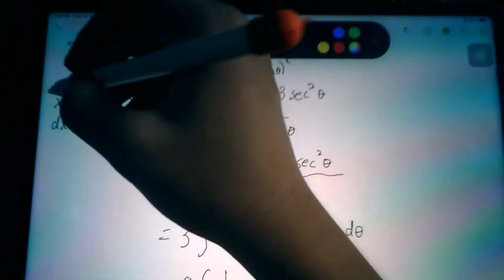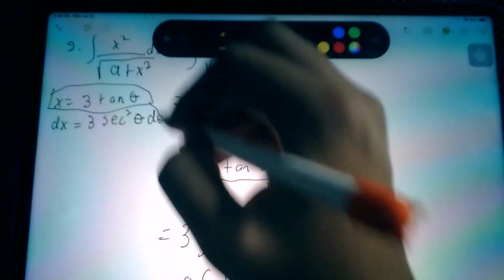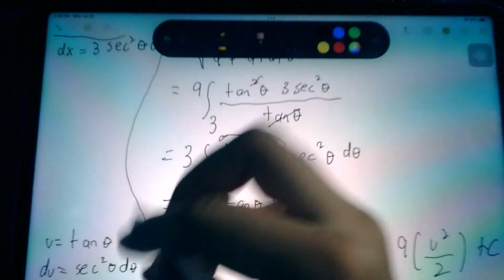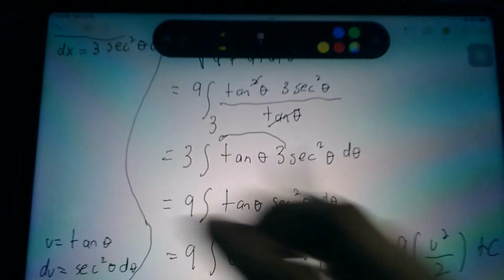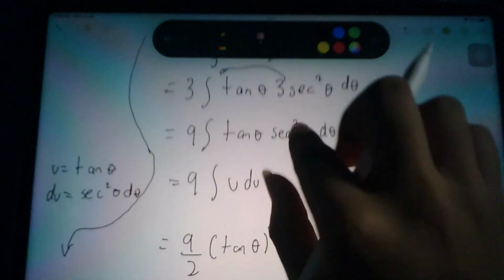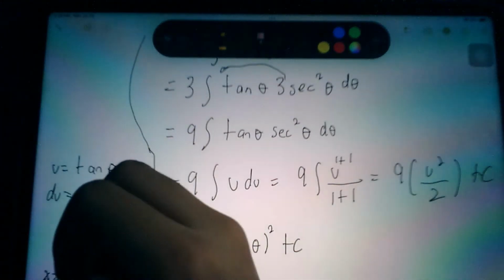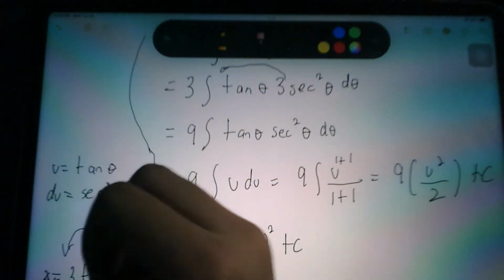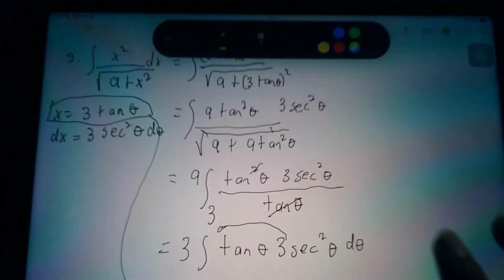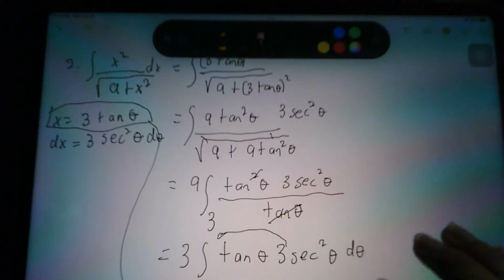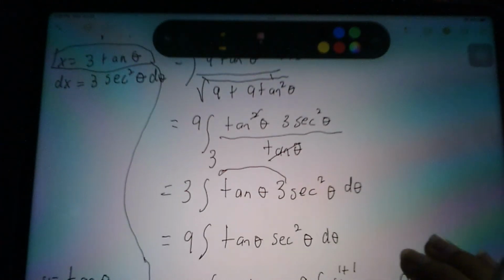Just take this equation here. Let's put it here. x equals 3 tangent theta. Yes.